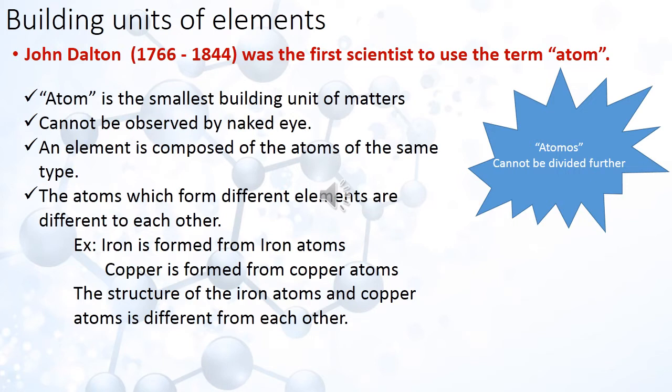This is made up of aluminium atoms. You can get there only aluminium atoms. The atoms which form different elements are different from each other. Example, iron is formed from iron atoms. Copper is formed from copper atoms. So the structure of iron atoms and copper atoms are different from each other.